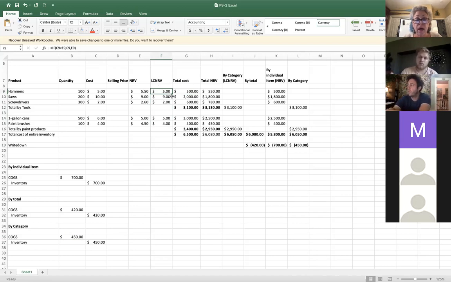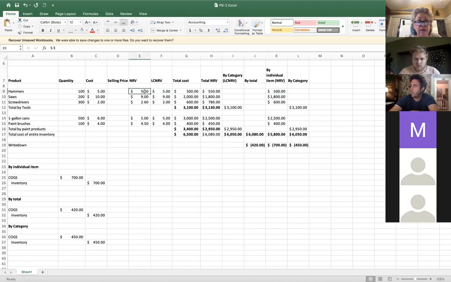So the lower cost of NRV, this column right here, is comparing it at the unit price level. In order to get my LCNRV by individual item, I multiplied it by the quantity here.